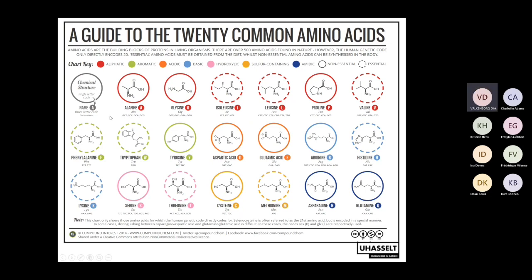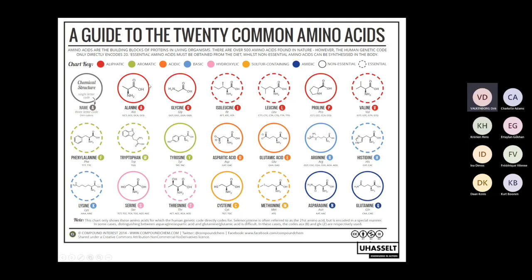And you can see that one amino acid can be linked to multiple nucleotide codons. So it means that if there is a change in a letter, it doesn't necessarily mean that the amino acid has to change.